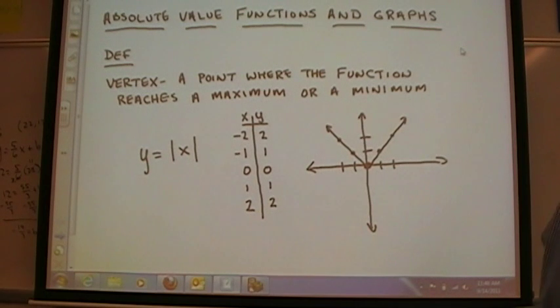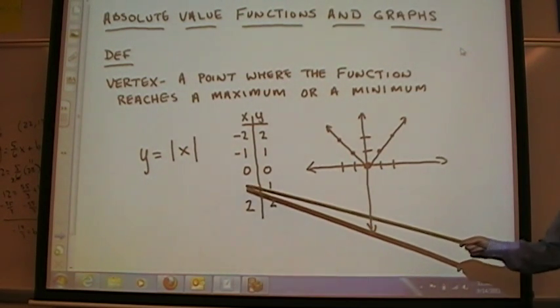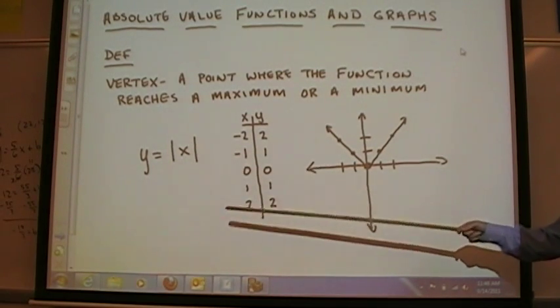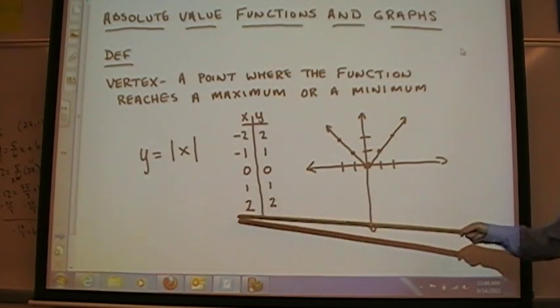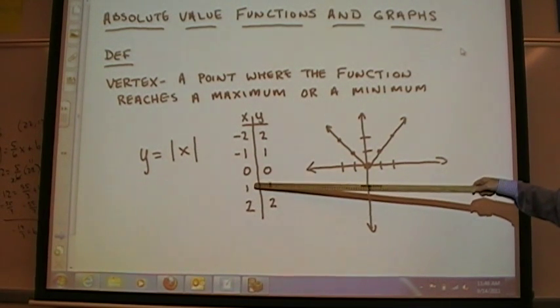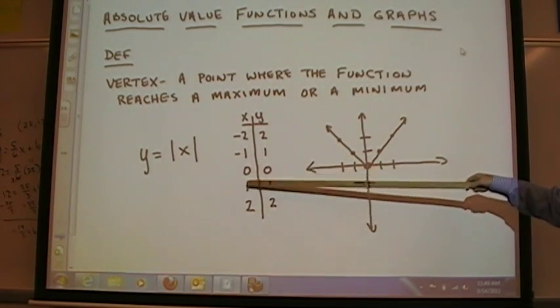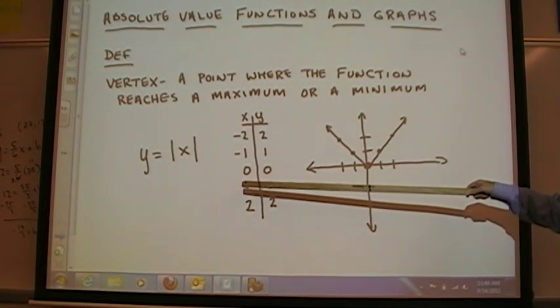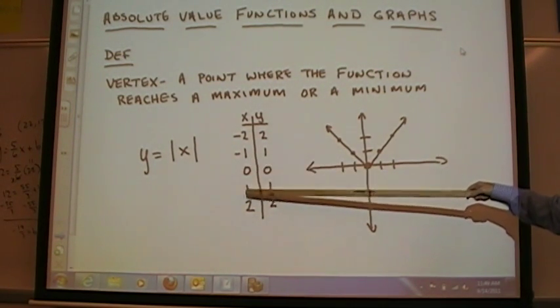Now notice the points I chose: 1, -1, 2, -2. This is showing symmetry right here. Since 1 and -1 are corresponding values, they're both one unit from the vertex.